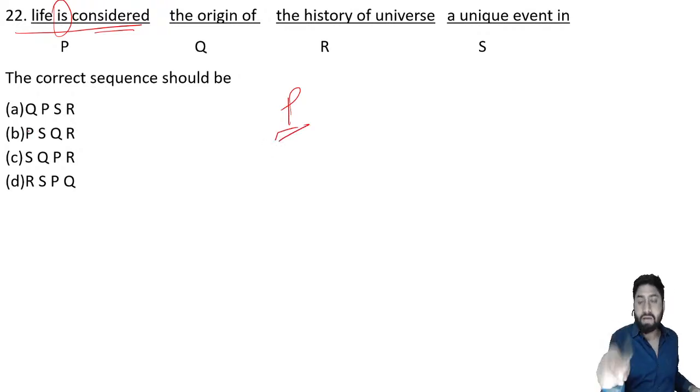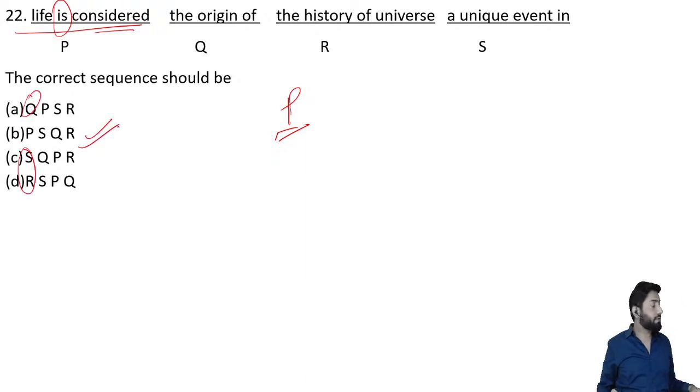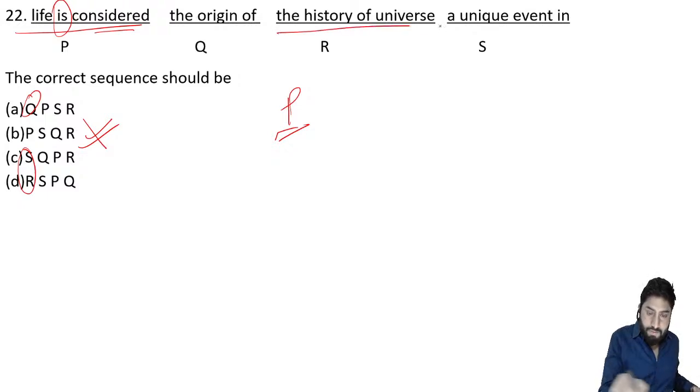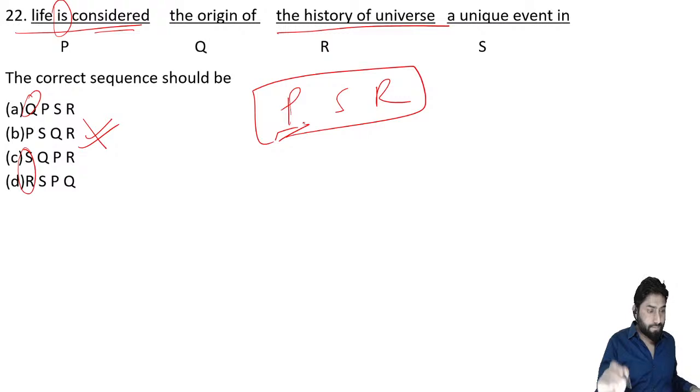If we find out even one in this part, we can easily eliminate. This is the only option you are left with. The history of universe. PSR, they are coming together, right?